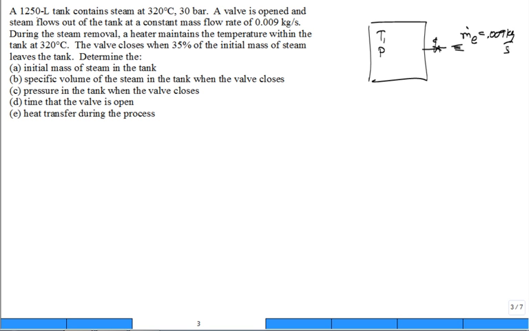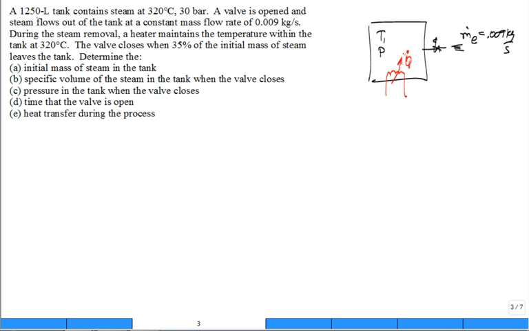During the steam removal, a heater maintains the temperature within the tank at 320. So let's think about this heater. And you can view it as dumping heat, Q dot, into the contents of the tank. The heater, I know it has electric power, but that's all converted 100% into heat transfer, and so let's just model as Q dot.